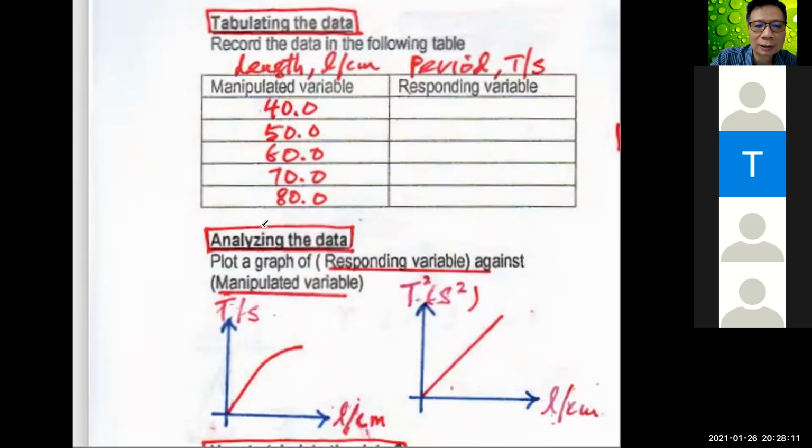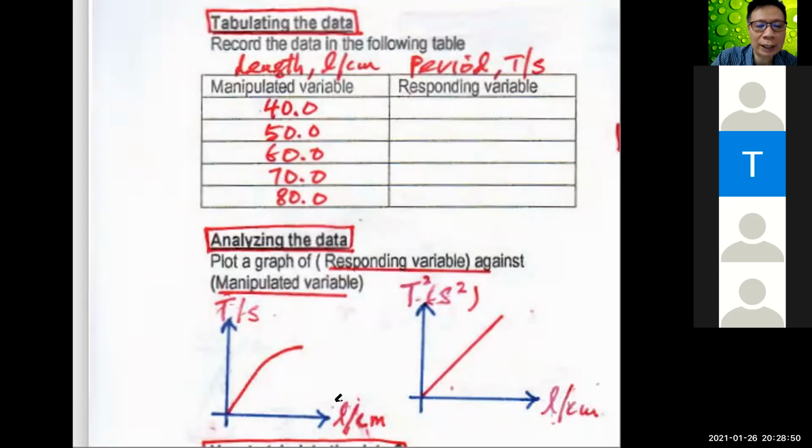If you plot period against the length, you see, when you plot the graph it is responding against manipulated. Here must be responding, then here must be manipulated. It must be like this: the responding variable goes on the y axis, and the x axis is the manipulated variable.